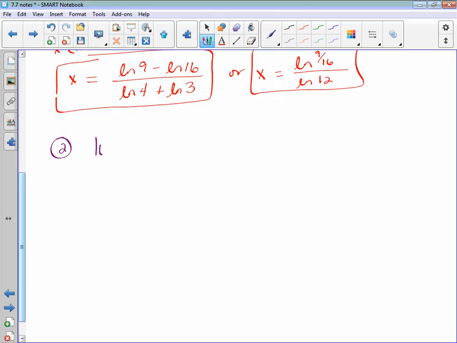Alright, so I've got log of x plus log of x minus 3 equals the log of 28.